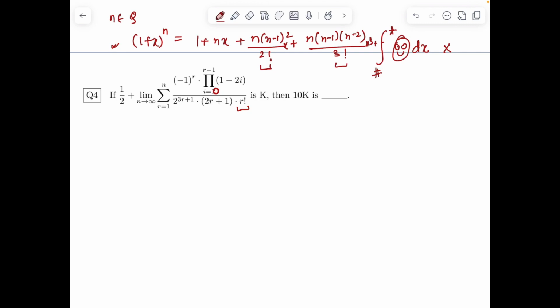So if you play with i equals 1 to r, let's say r is 3, we'll have i equal to 0 to 2. We'll get values like 1 minus 0, 1 minus 2, 1 minus 4 and so on. So we get 1 for i equals 0, then minus 1 for 2, minus 3 for 3, minus 5, and that gives a feel of some kind of continued products, or at least some continued fraction.